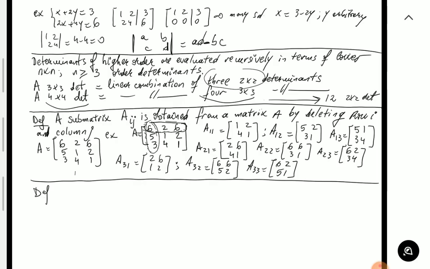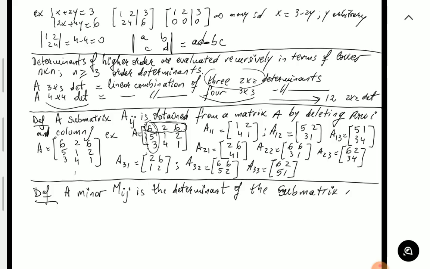And another related definition, a minor, denoted by big Mij, is the determinant of the corresponding submatrix big Aij. So in our notation, Mij is the determinant of the submatrix Aij.